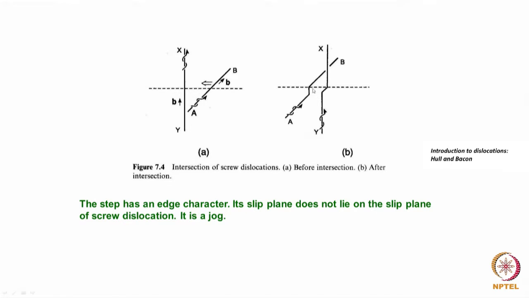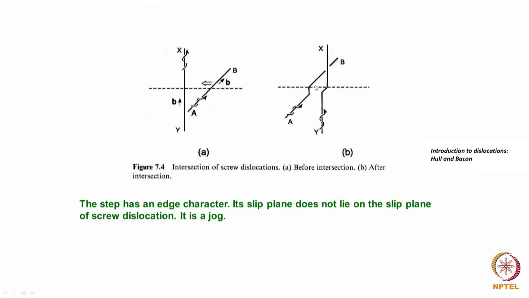And the slip plane of this dislocation is going to be in this direction, and when we apply a stress like this one will try to move, but the slip plane for the extra segment is going to be in this plane. So, it will try to move in the opposite direction, which is not possible.